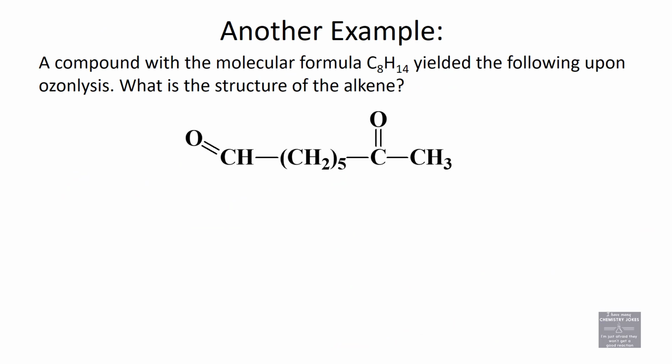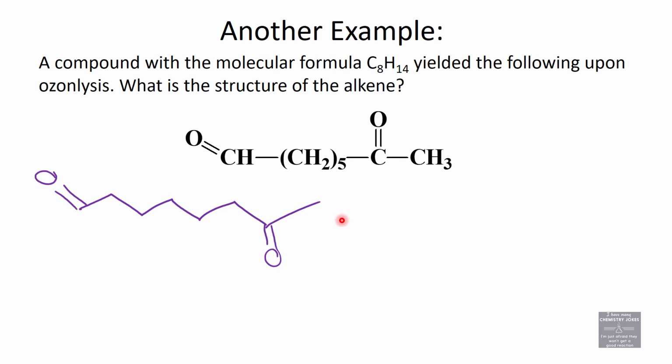Let's try another one. This one's a little bit tougher, but doable. I like zigs and zags, so I'm going to start by drawing this guy as a zigzag. 1, 2, 3, 4, 5. So this one says C8H14. 1, 2, 3, 4, 5, 6, 7, 8. All right, that's good news. 1, 2, 3, 4, 5, 6, 7, 8, 9, 10, 11, 12, 13, 14.